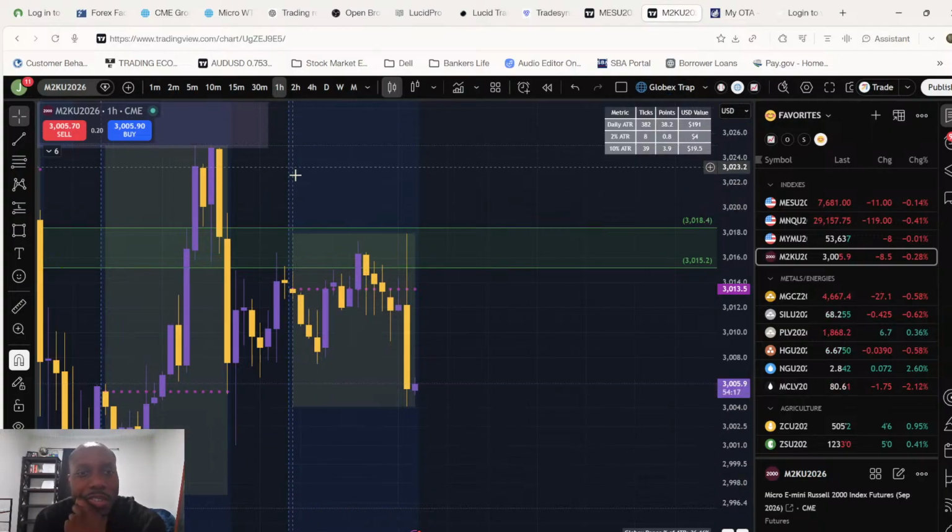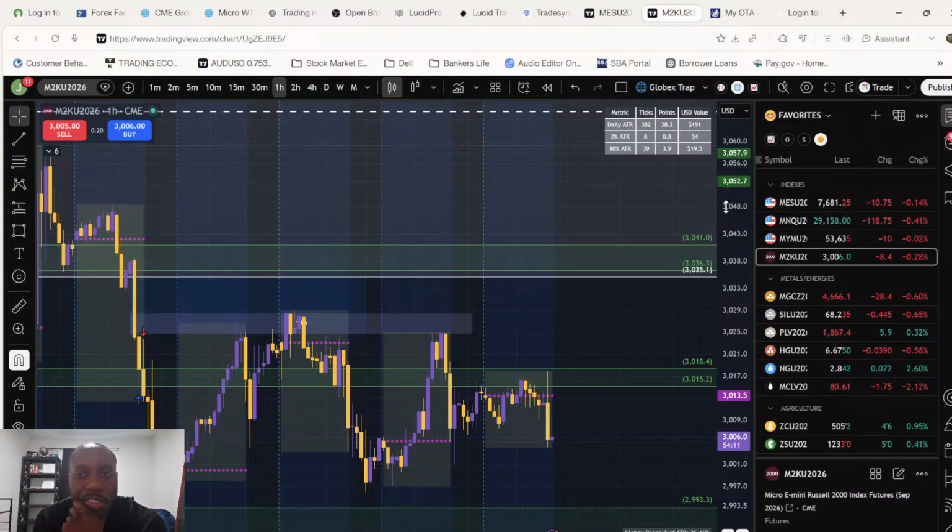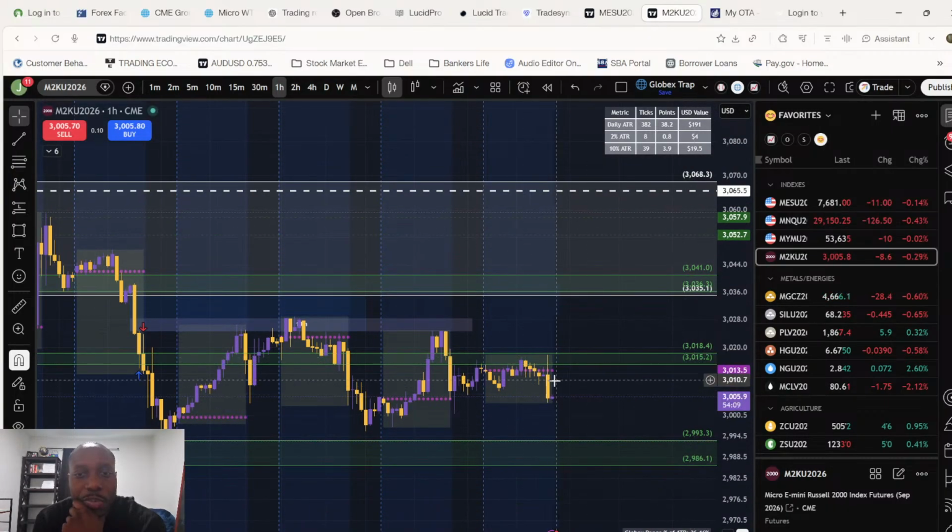Okay. So in 1 hour, that candle closed pretty bearish. I want to see a pullback and then continuation down.